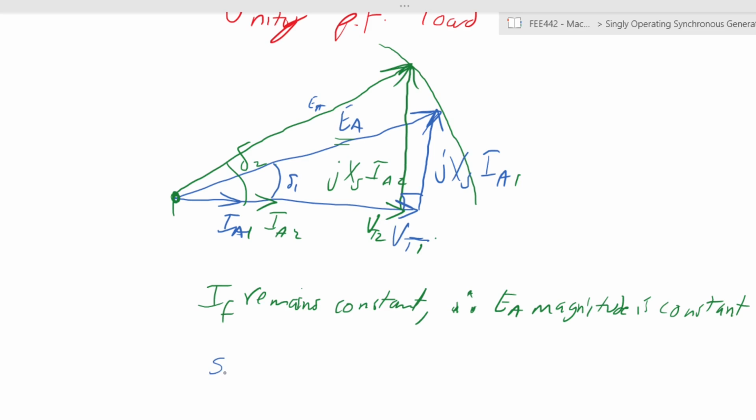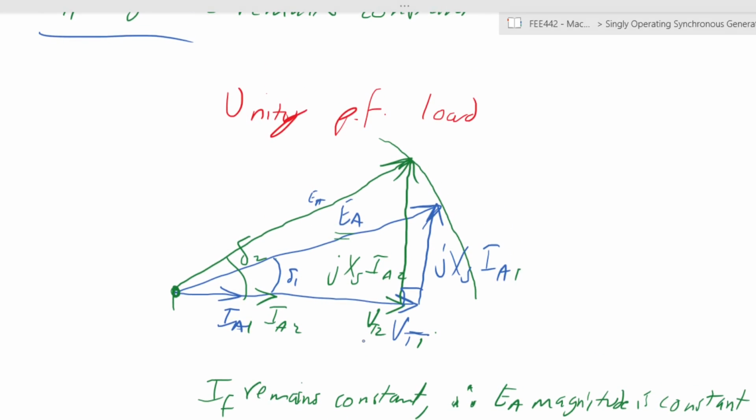So there's a small decrease in VT for an increase in IA. Okay, this is all happening at unity power factor.